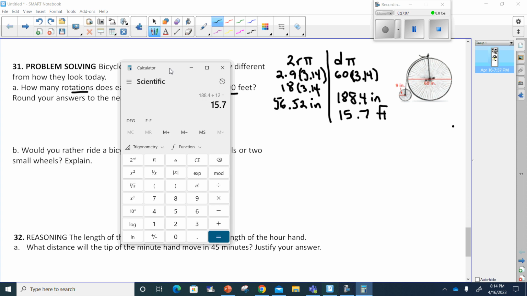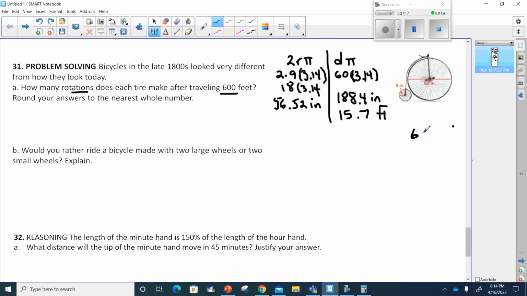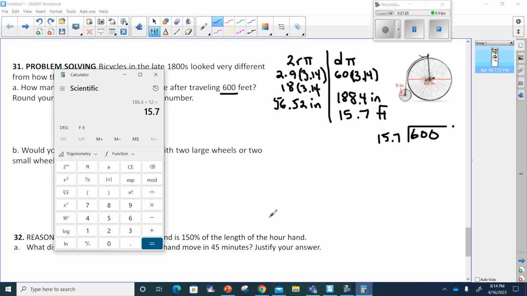So since I'm trying to find out how many are in 600 feet, I'm going to have to take 600 and divide it by 15.7 to find out how many rotations it would be. So let's do that.